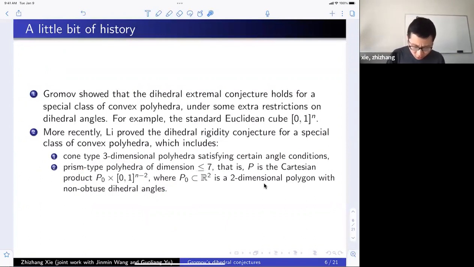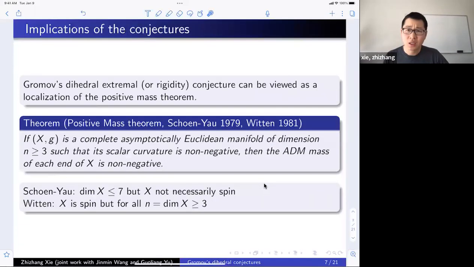But as you have noticed, because this approach uses minimal surfaces, it does have the restriction that, besides the angle conditions, you have to be in dimension less than or equal to 7. That's because of the minimal surface method, again. Okay. Any questions so far?